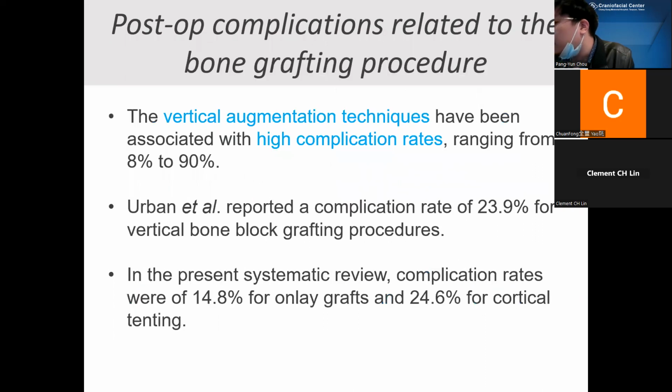And the vertical augmentation techniques have been associated with high complication rates from 8% to 90%. And in the present systematic review, complication rates were 15% for onlay grafts and 24.6% for the cortical tenting technique.